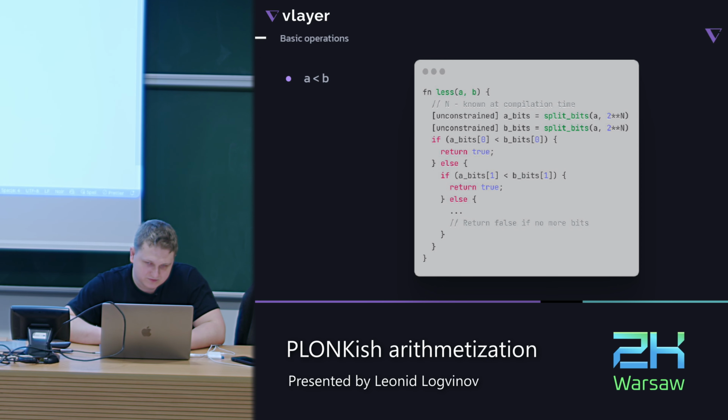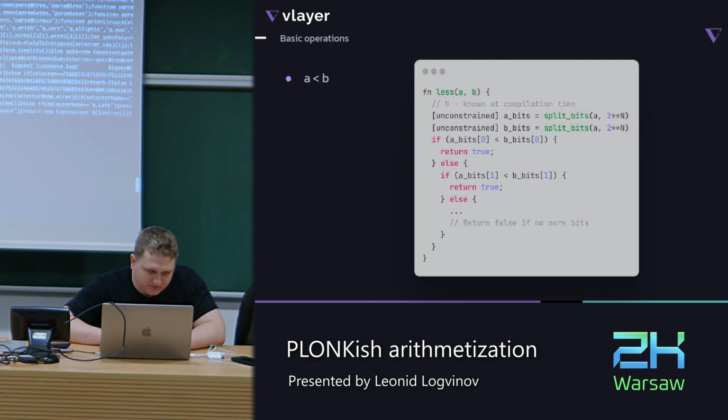Maybe not, because we don't know how many comparison types. Do we have like three range checks here or just one? I believe that's two range checks.